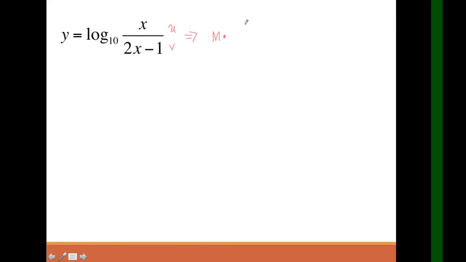So we have v, we have 2x minus 1, and then the derivative of x is 1, okay, minus u, so we have x, then derivative of 2x minus 1 is 2, all over v squared, that is 2x minus 1 squared. So 2x minus 1 squared.